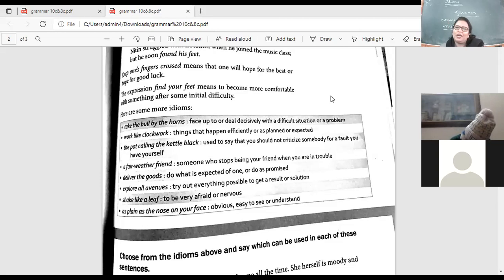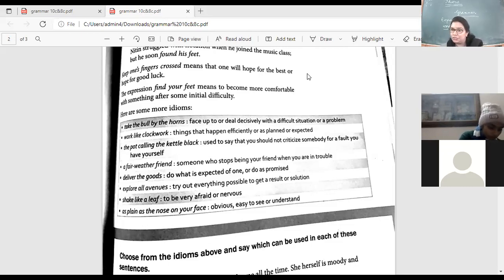The pot calling the kettle black. What's a kettle? Can you tell me what's a kettle? Yes, you pour tea from it, you pour water, and the kettle is there. You have these big kettles where the water is kept to boil, to make tea and all.